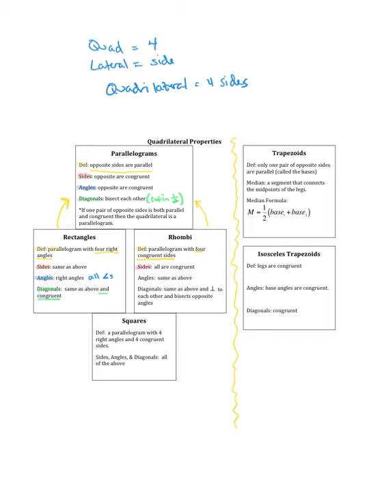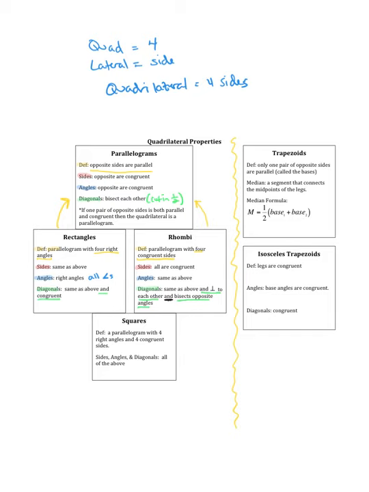All the angles follow the rules of above. Opposite angles are congruent. Diagonals follow the rules above and they are perpendicular to each other and bisect the opposite angles.